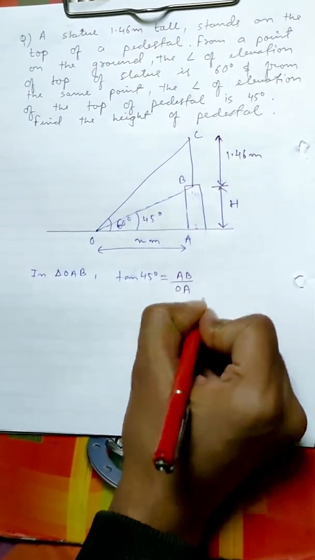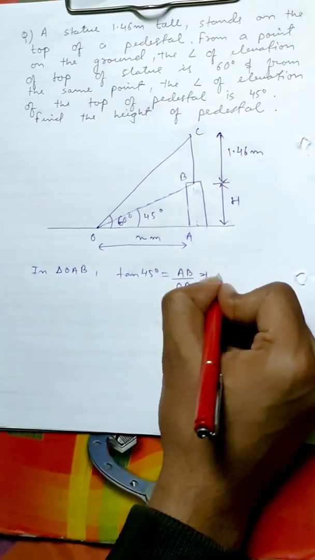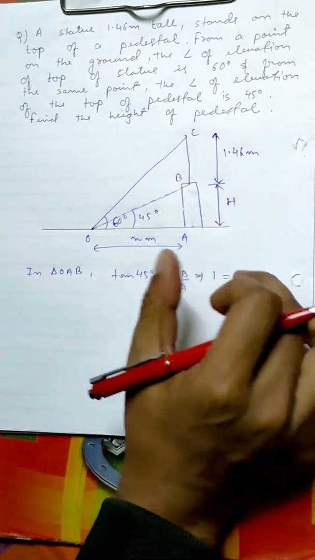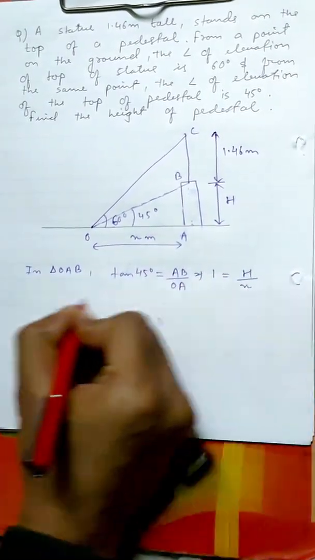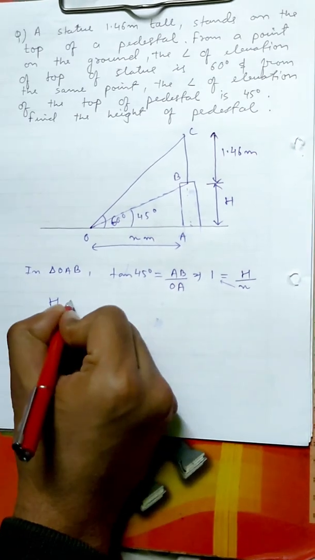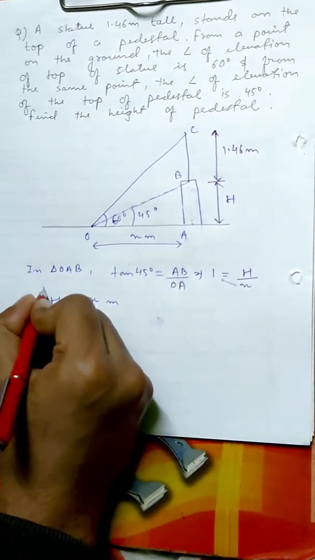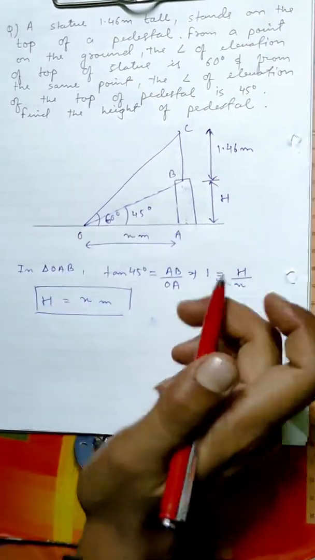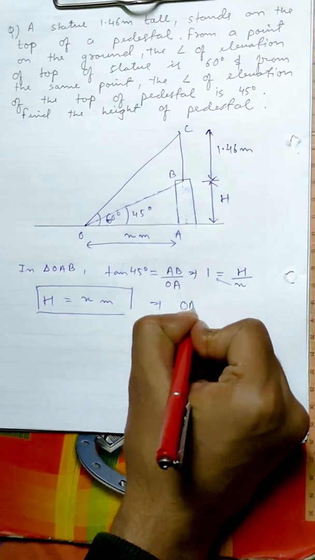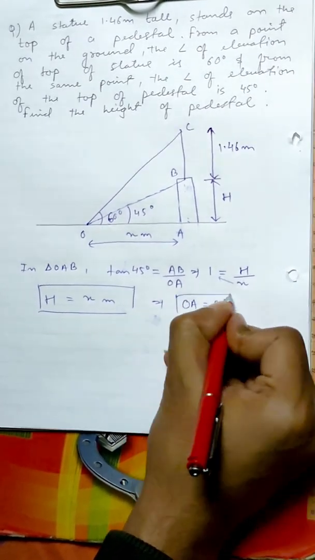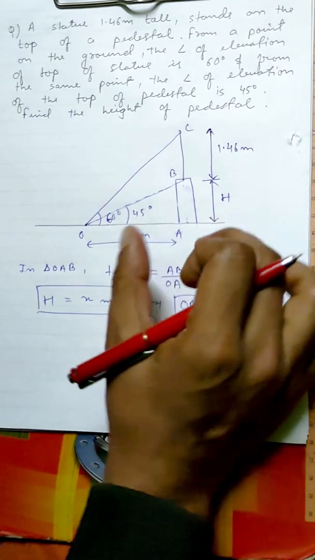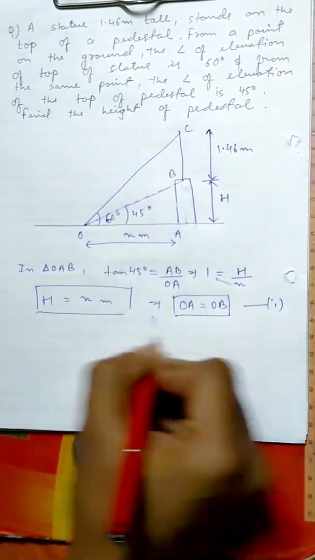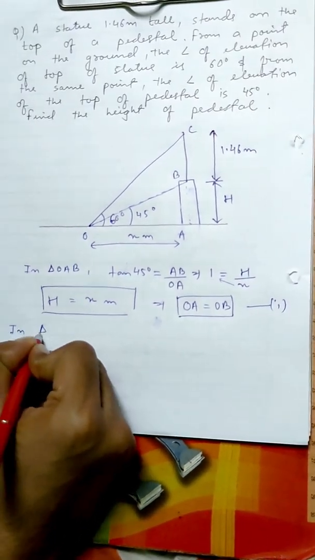The value of tan 45 is 1. AB equals H, which is unknown, and OA is x. So x will go above. H equals x meter. So this distance AB is equal to OA. Since H equals x meter, therefore AB equals OA. This is our equation 1.